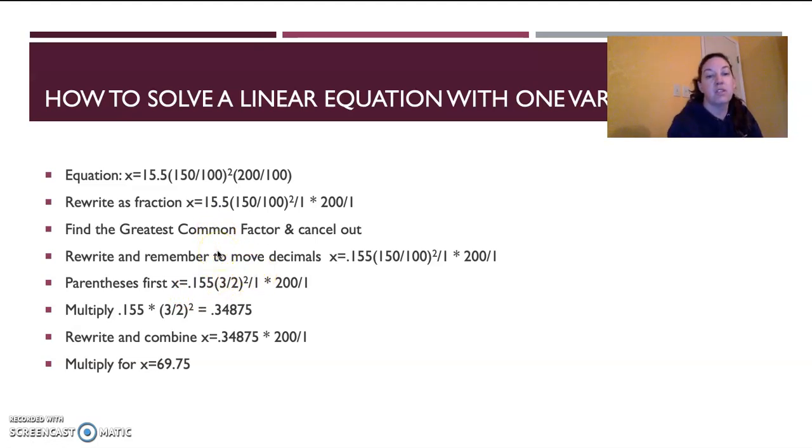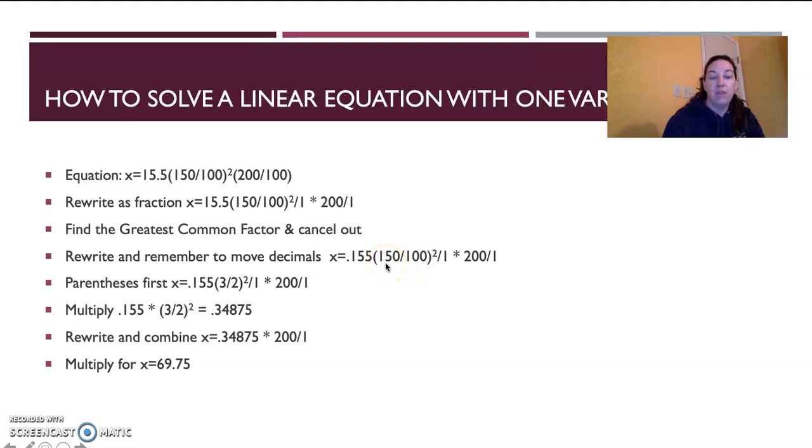Okay, so what you're going to do here to get this 3 over 2 from the 150, you'll see, I lost my little guy. You'll see all of a sudden here we have 3 over 2. Where did that come from? That came from right here. What you're going to do is factor this out.